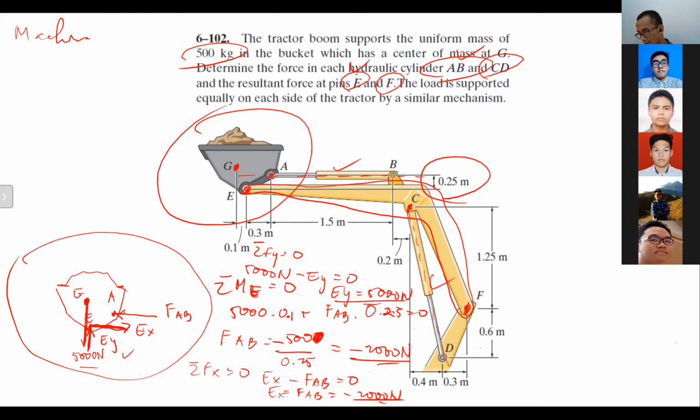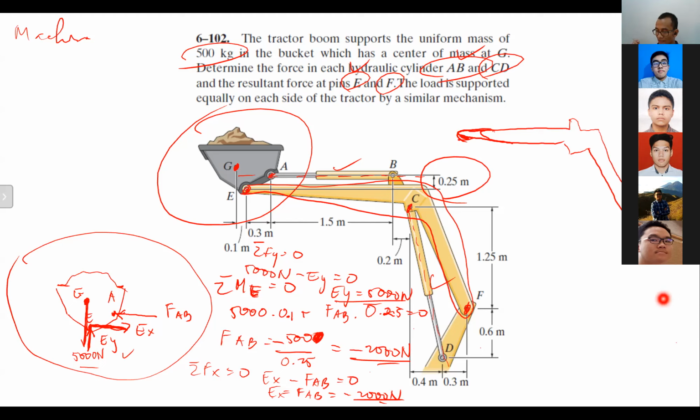So you have to draw it like this. This one is supposed to be slightly longer, roughly like that. Remember that at E we have EX, EY.